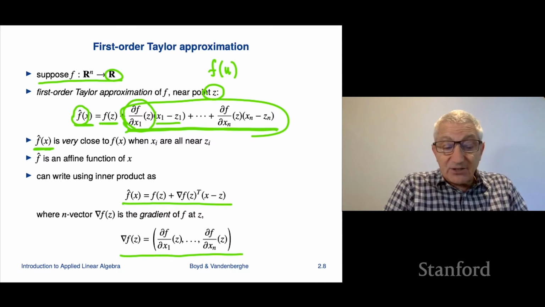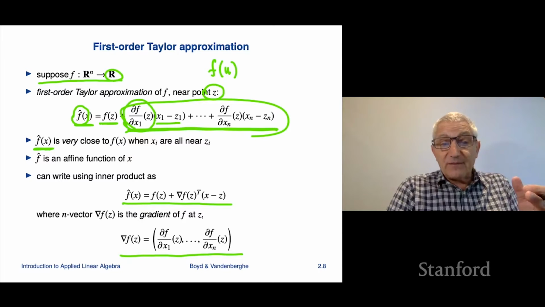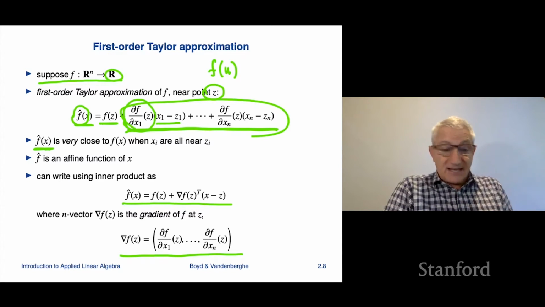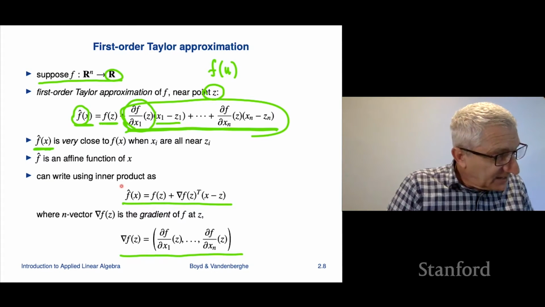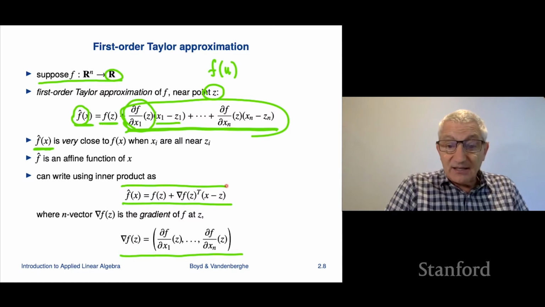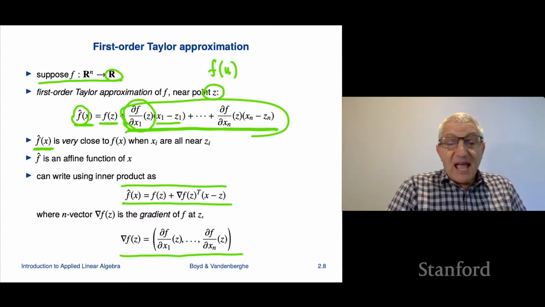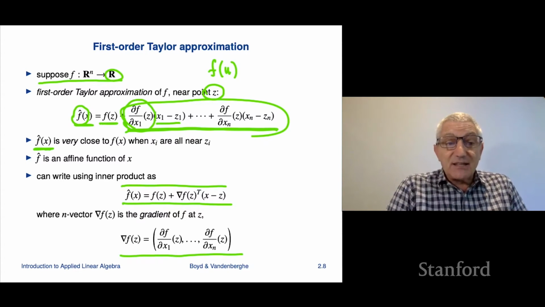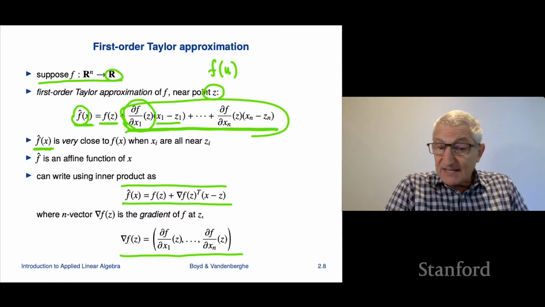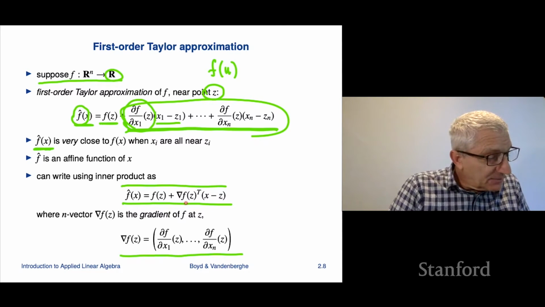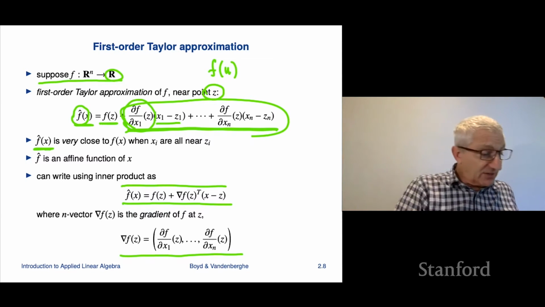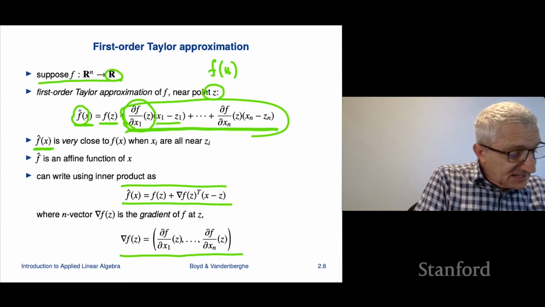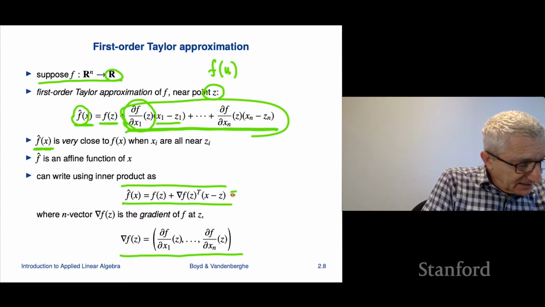The gradient vector is the set of all partial derivatives of a scalar valued function with respect to x1, x2, x3, up to xn. And we recognize this as just an inner product. So we've got this beautiful compact formula. It's nice because it looks like the formula you would have if x and z were scalars, where this would simply be f prime of z, which is in fact the gradient when you have just one variable.